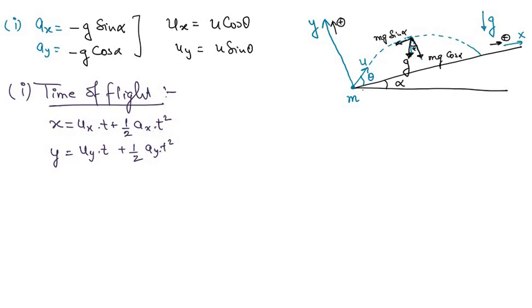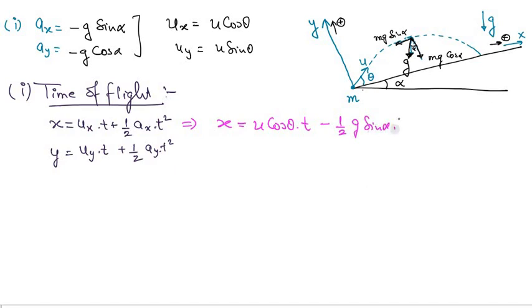Now ax is not equal to 0, so it is not too easy to solve. So x equals u cos theta into t minus half g sin alpha into t square, and similarly your y equation will be y equals u sin theta into t minus half g cos alpha into t square. So these are the equations of motion.